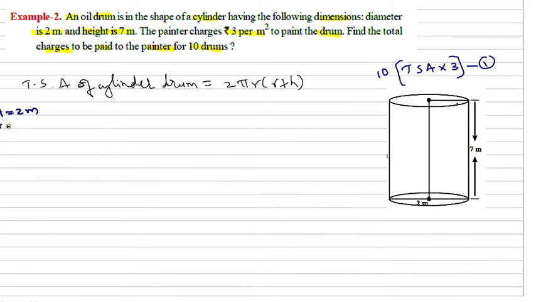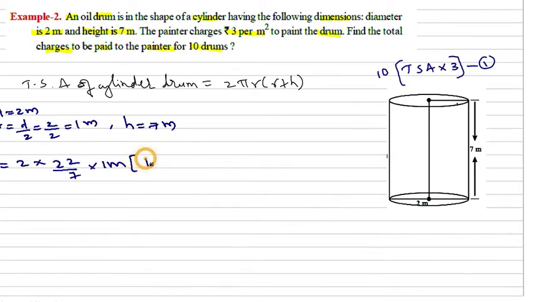From this, radius is equal to diameter by 2, which is equal to 2 by 2, which is equal to 1 meter, and height is equal to 7 meters. So now substitute these values in this formula: 2 into pi value, we take 22 by 7, into r value 1 meter, into r which is 1 meter, plus height 7 meters.